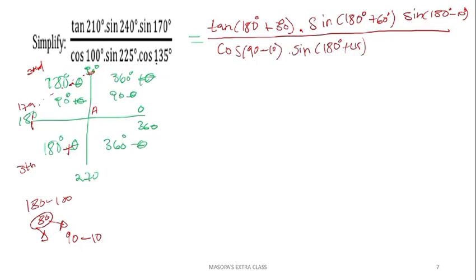Then we have cos 135. Where does your 135 lie? In your second quadrant. So we can simply say cos of 180 minus 45, because 180 minus 135 gives you 45.